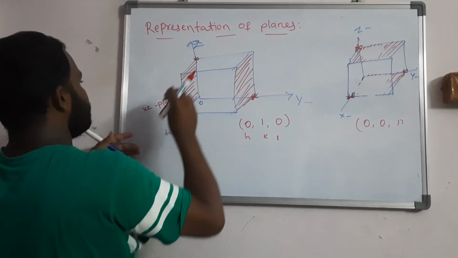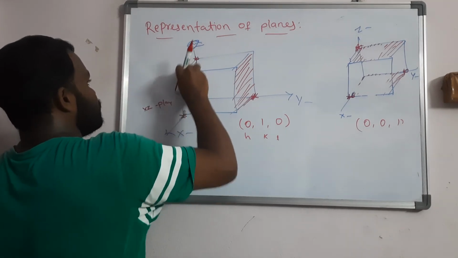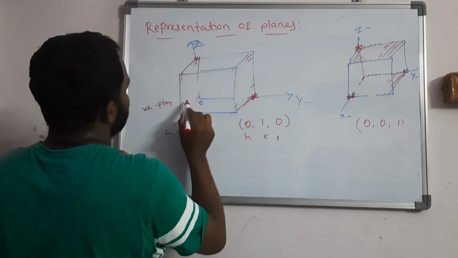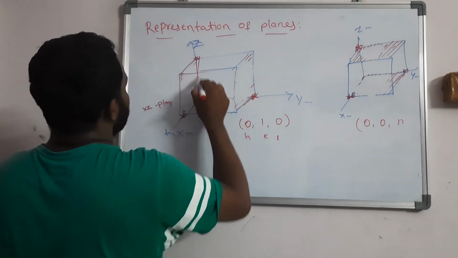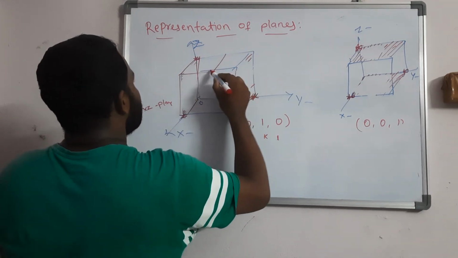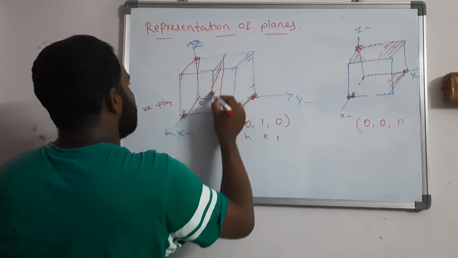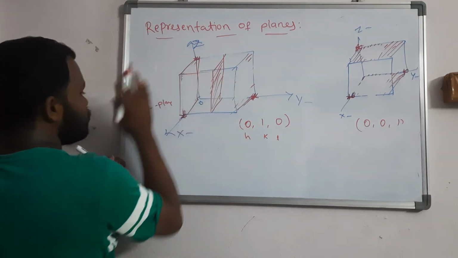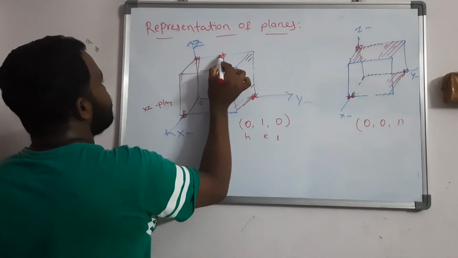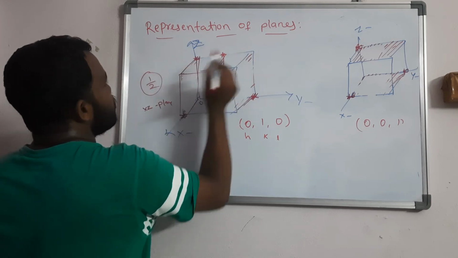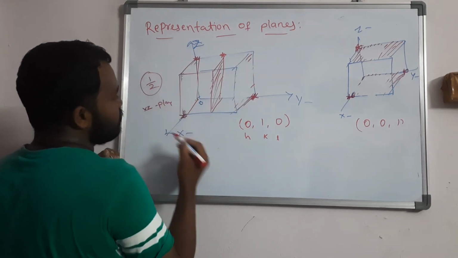If the same plane is written like this, it is parallel to the XZ plane, lying in between. In between means generally 1 by 2. From here to here is 1 by 2. 1 by 2, just reverse, you will get 2.